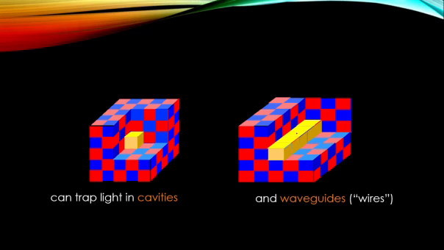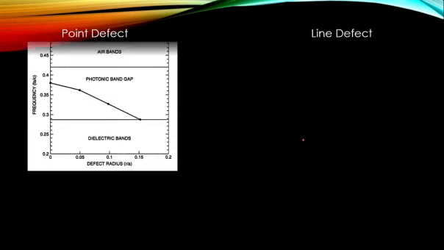The light will be confined to travel within that waveguide alone. It cannot escape from that waveguide. So in the point defect, what we are making is a cavity, and that cavity will depend highly on the radius of the defect.